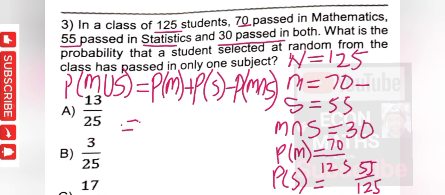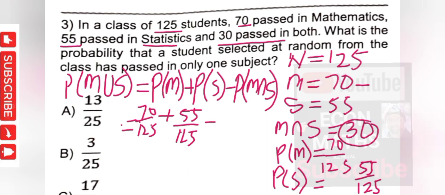Probability of mathematics is 70 divided by 125 plus probability of statistics 55 divided by 125 minus probability of M intersection S, which is 30 divided by 125.